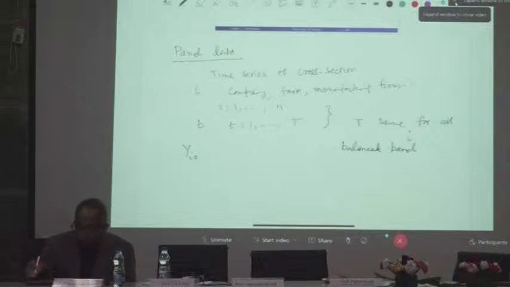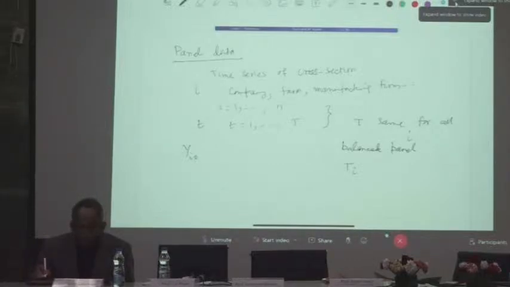So the number of time periods for which they are encoded in the data is not going to be the same for all. So T is not the same for all. You might say T has a subscript i to indicate the number of time periods for which individual i or company i is observed.